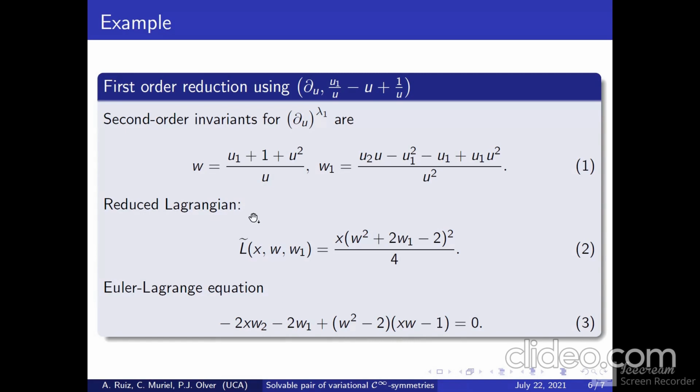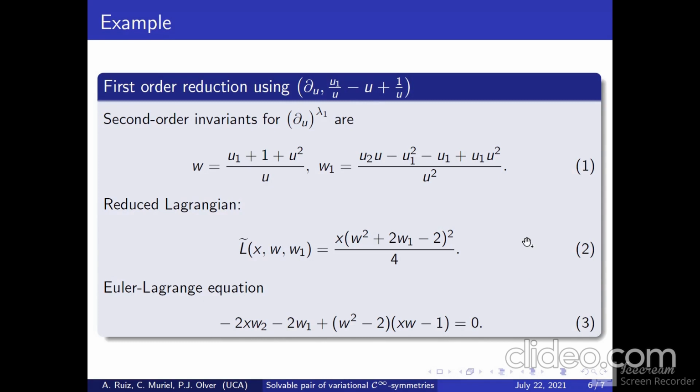It can be checked that the original Lagrangian can be written in terms of the invariants of the lambda prolongation of the vector field in such a way that this reduced Lagrangian is obtained. And the Euler-Lagrange equation associated to this reduced Lagrangian takes the form of this second-order ordinary differential equation.